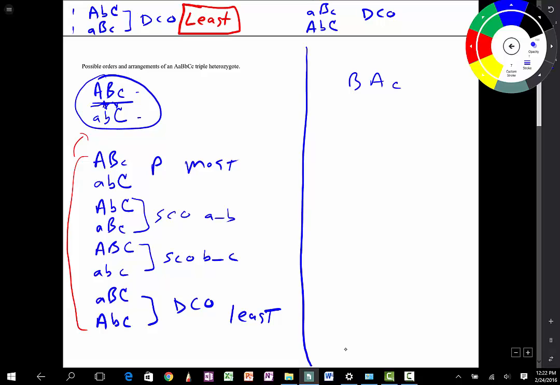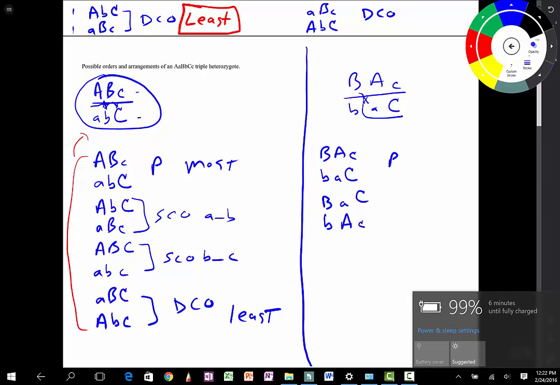Big B, big A, little c, and little b, little a, big C. If that was the case, then our parentals would be big B, big A, little c, and little b, little a, big C. Those are the parentals. A single crossover between A and B would now be big B, little a, big C, because we're just picking these guys up, and little b, big A, little c.